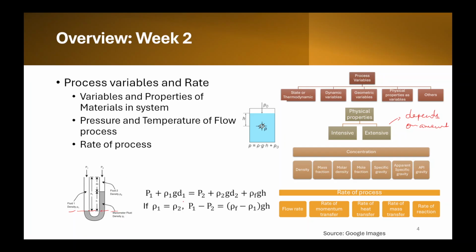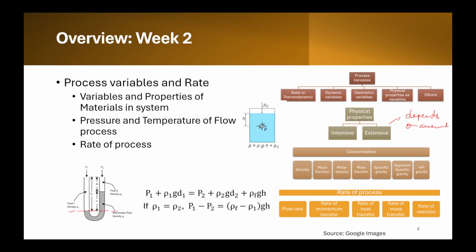Going by the definition of the hydrostatic pressure, some pressure is already being exerted. This is for the left hand side limb, and this is for the right hand side limb. So this is the P1 pressure already being exerted. Then this is some fluid of density ρ1 into g, the acceleration due to gravity, and the height of this column d1. Then we go for the right hand side limb.